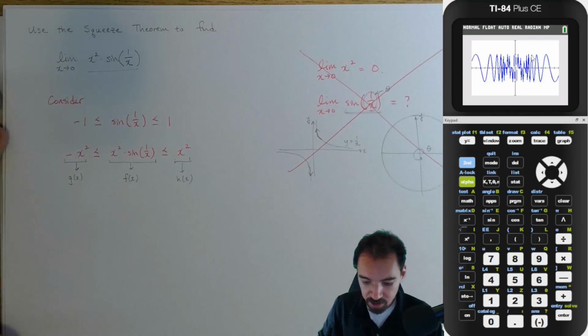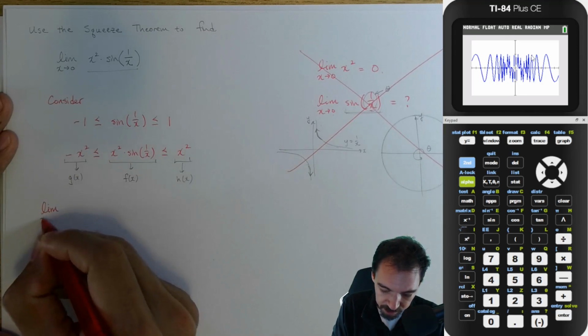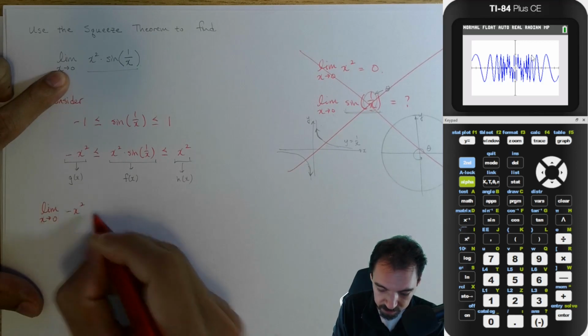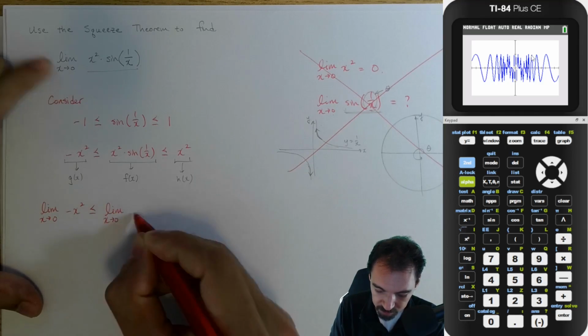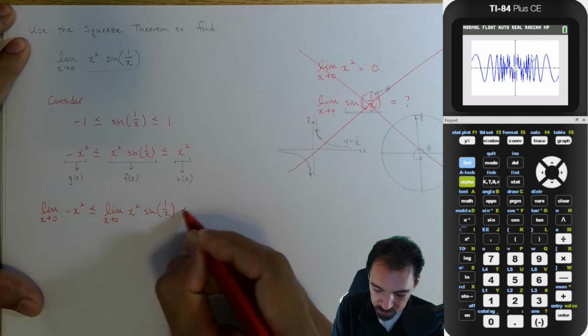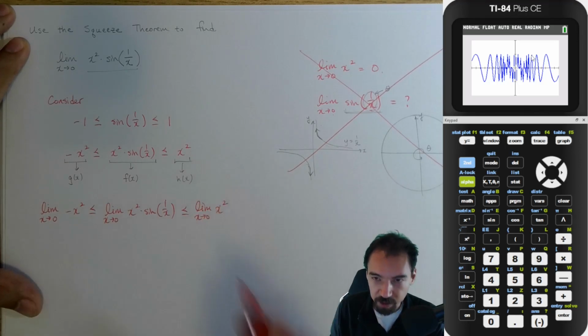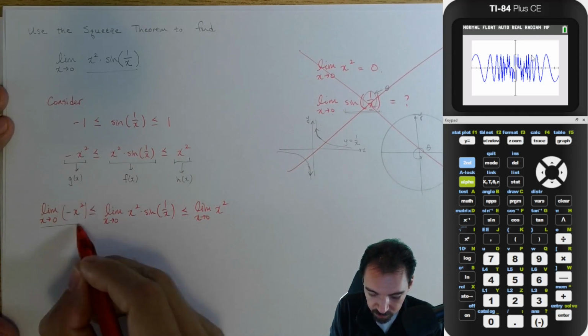Let's try this. So we often show our work like this. We write the limit as x approaches, and we're interested in x approaching 0. So we're going to do this is less than or equal to the limit as x approaches 0 of x squared times sine of 1 over x, which is less than or equal to the limit as x approaches 0 of x squared. Now, can we evaluate this and this?